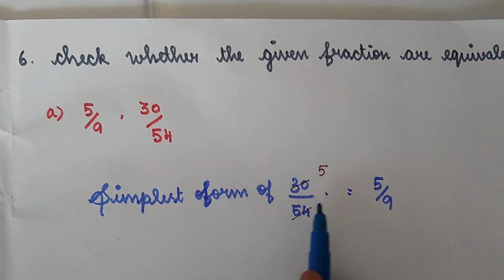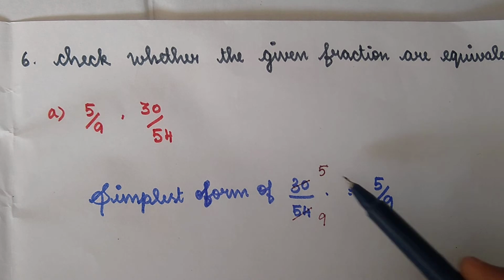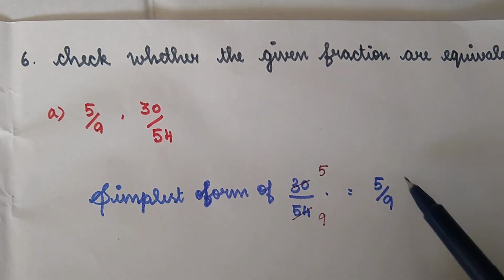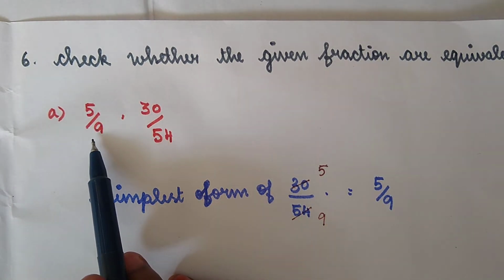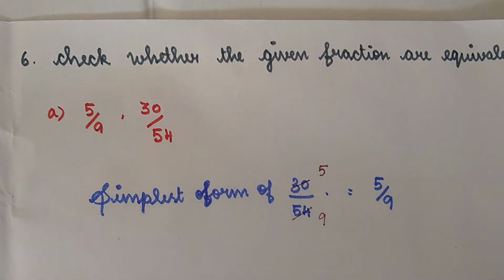The simplest form of 30 by 54 is 5 by 9. So these two numbers are equal. Okay, 5 by 9 and 30 by 54 are equivalent fractions.